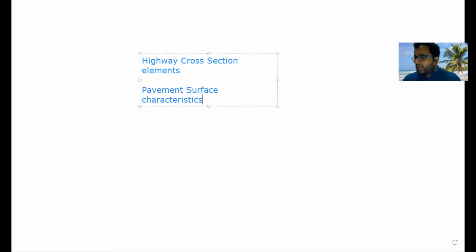Okay, then there are a lot of other characteristics also, like friction. What is friction? What is the frictional force available between the pavement and the tire of the vehicle? That is one very important factor, which will decide the speed at which the vehicle can be operated, the operational speed requirement of the vehicle.